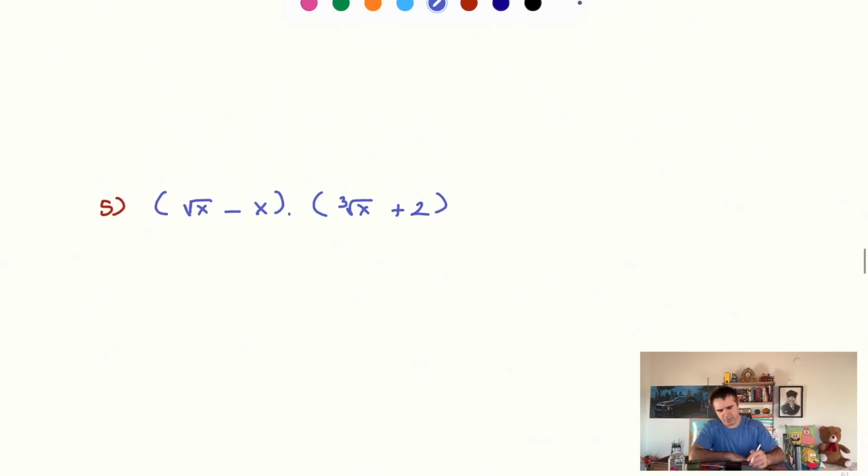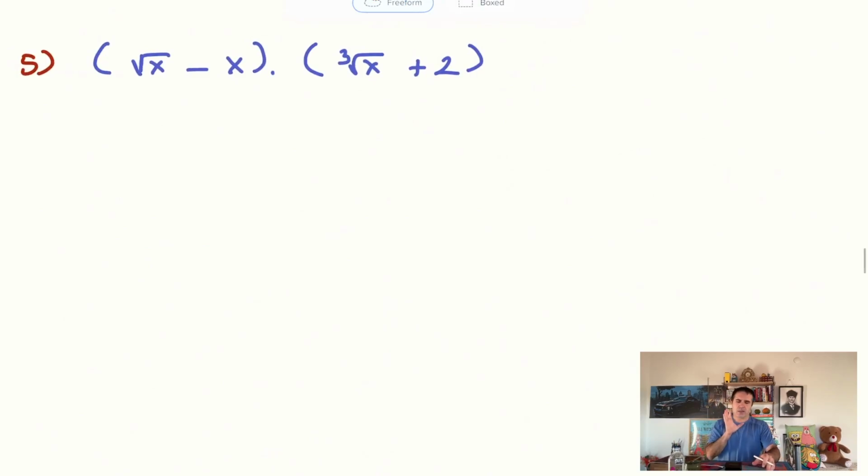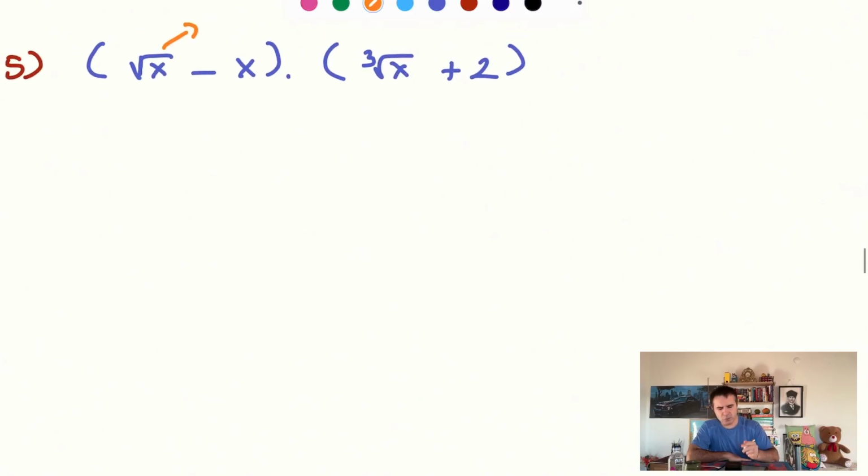And the last problem. We have a square root here. If we have a derivative of a square root, we first rewrite it in power function form, since we know to take the derivative of a power function, we should write this in power function form. Square root of x is equal to x to the power of 1 over 2, and cube root of x is x to the power of 1 over 3.